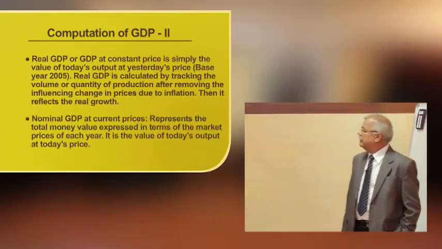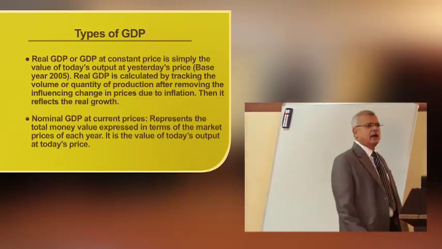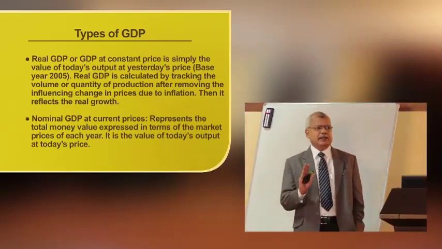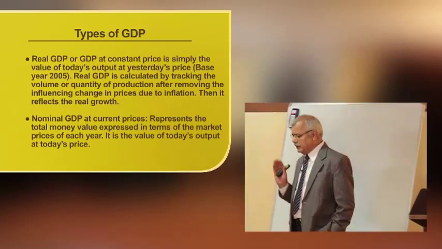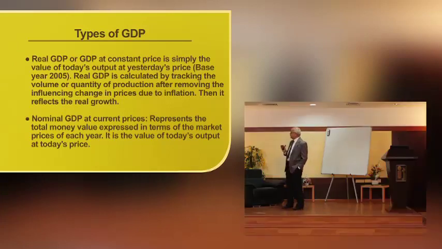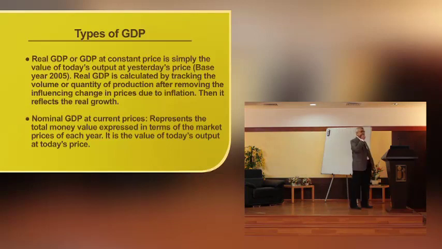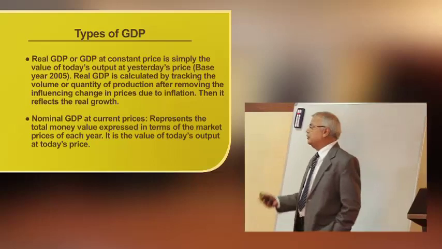And when we come to the types of GDP, there are various types of GDP. GDP at current prices, GDP at a base year price. So real GDP is calculated by tracking the volume or quantity of production after removing the influencing change in the prices due to inflation.